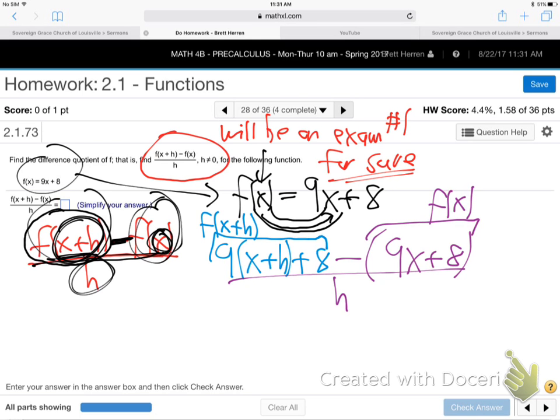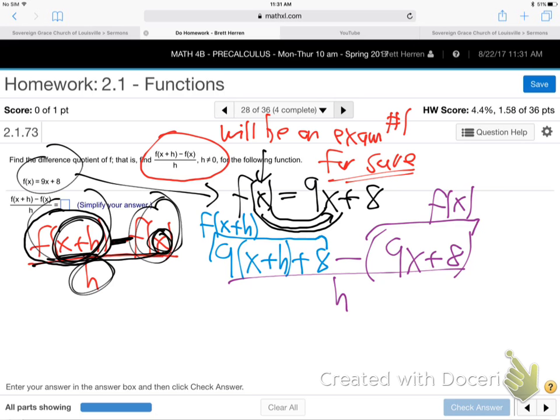Is that making sense so far? Everybody see what I did? Right here I put x plus h into the input slot, into the toaster. Went right here.